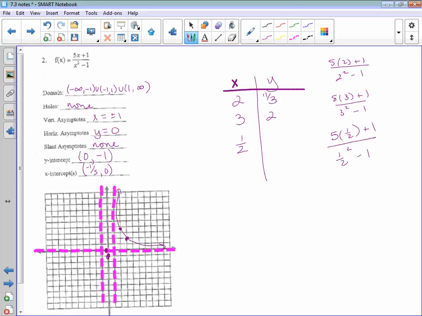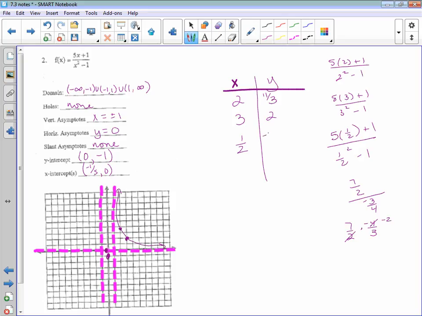So 5 times a half, that's 5 halves, right? Plus 1, what does that make it? 7 halves. What is 1/2 squared? 1/4 minus 1? Negative 3/4. Okay, so think about it. That's like 7 halves times negative 4/3. So, what is that?